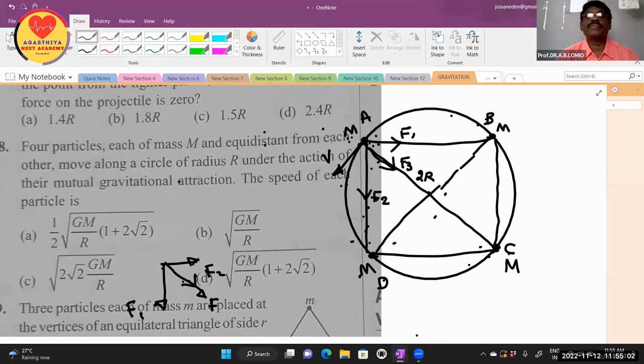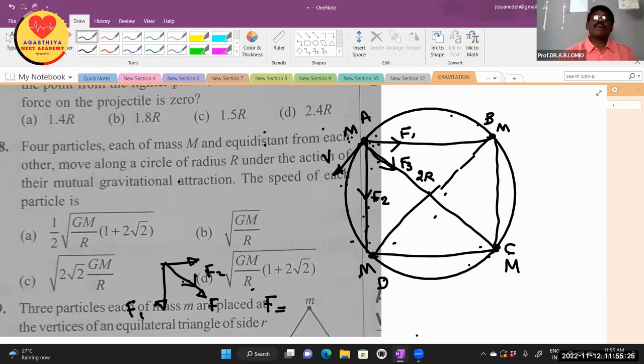How to find out the resultant force? We can use the law of parallelogram of forces: square root of A squared plus B squared plus 2AB cos theta. Here theta is 90, and cos 90 is 0.